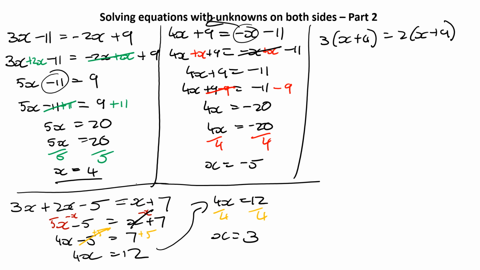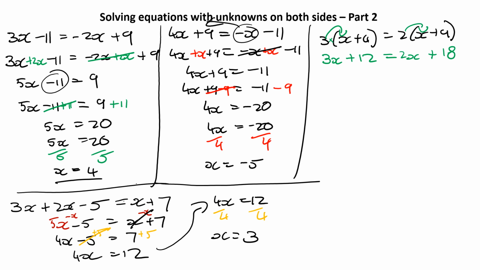What that means is I'm going to go 3 times x, because that's a multiply, which gives 3x. Then 3 times 4 gives plus 12. 2 times x would give me 2x, and 2 times 9 is 18.